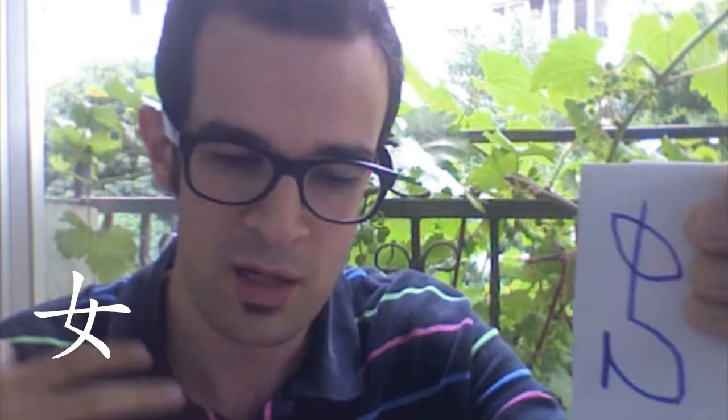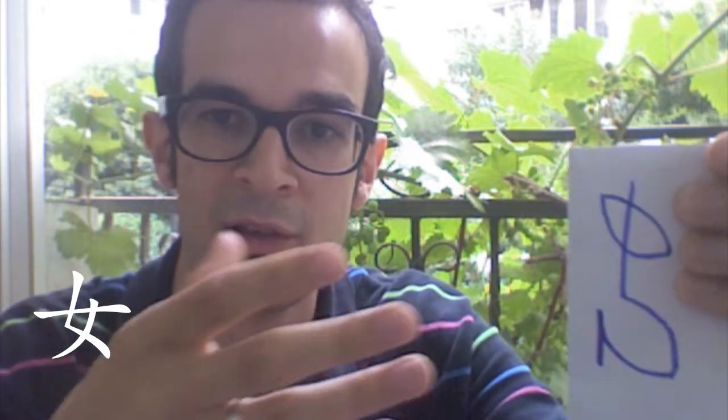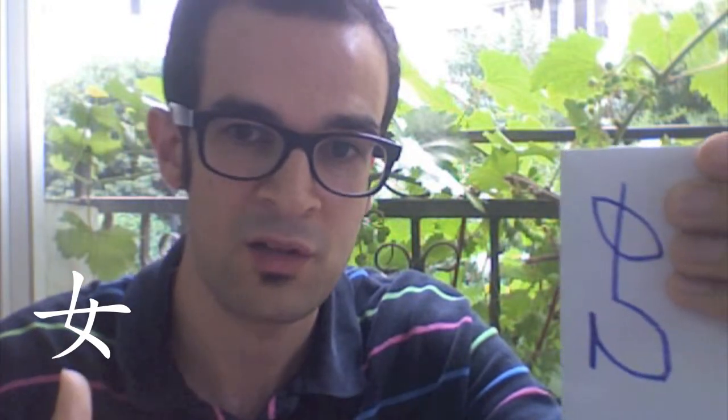And you can see at the bottom, the woman is kneeling. This is the way that women would have sat. It would have been appropriate to sit like this. It would have also suited the way they were dressed, because they were wearing kind of like a skirt. It wouldn't have been good if their knees weren't together like this. At the top we can see the woman's chest depicted.